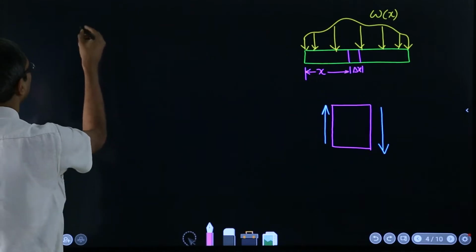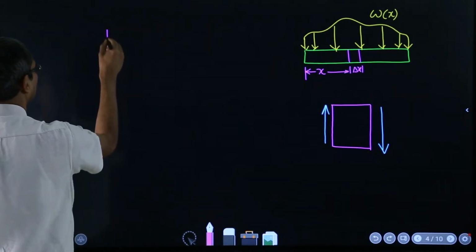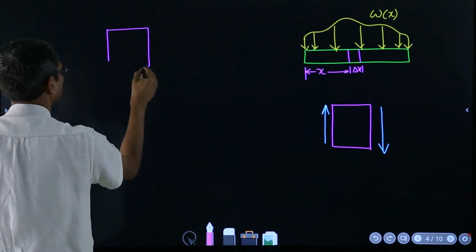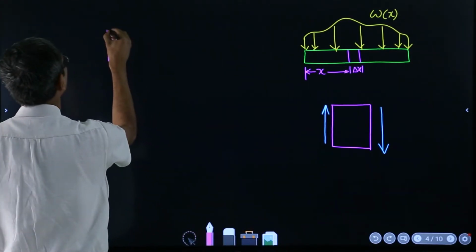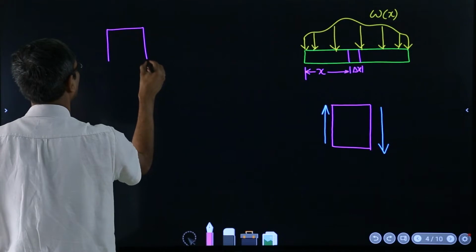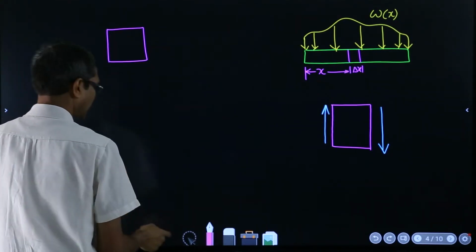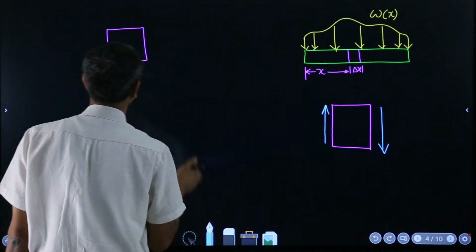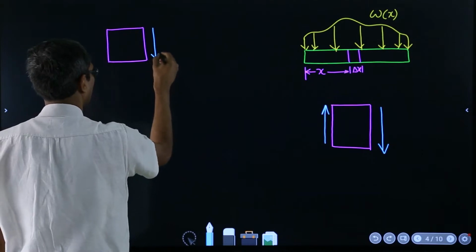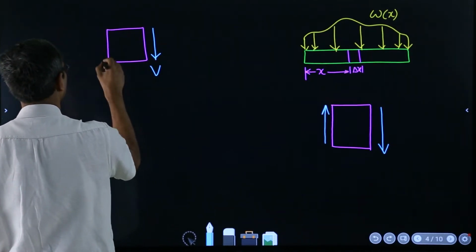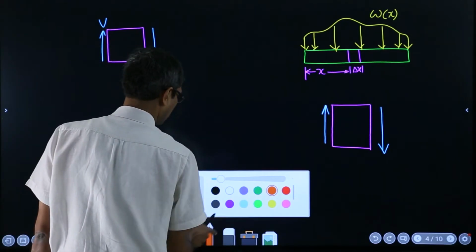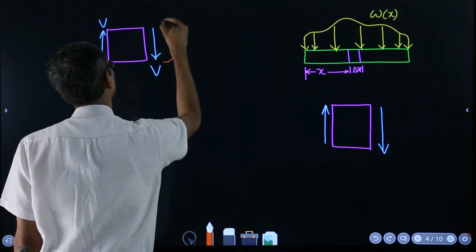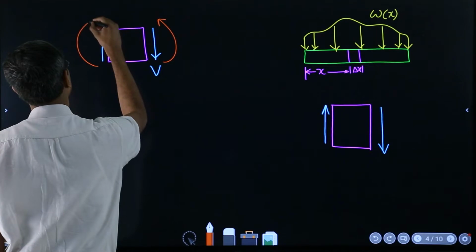If you have a particular segment like that, then the positive values of shear force are considered like this, and the positive moments are like this.